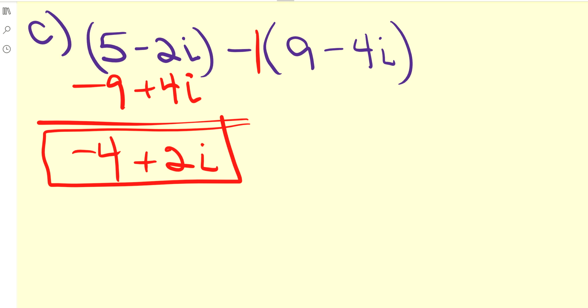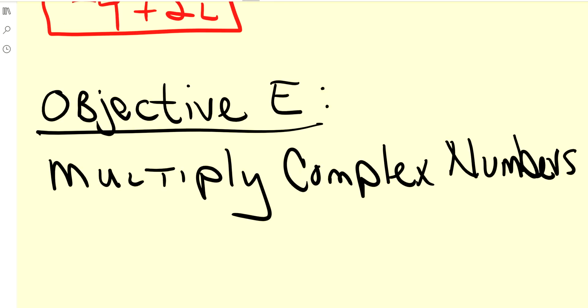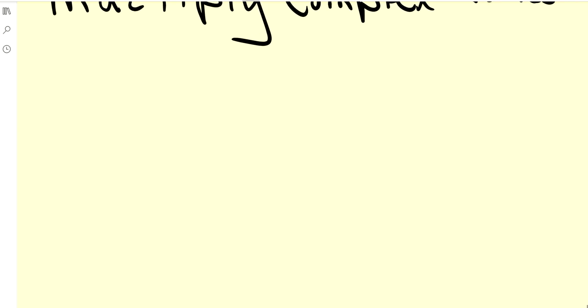Okay, let's continue on. And here it is, objective E. How many objectives were there? All right, multiply complex numbers. Now we're going to multiply them. And it really kind of looks like we're going to be doing the FOIL method here. I'm just going to FOIL these. Okay, so let's scoot that up.